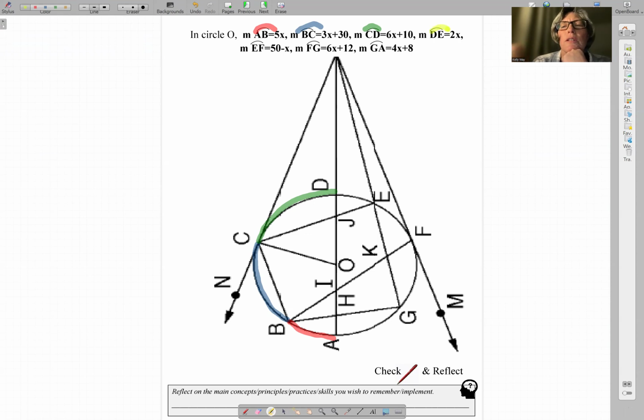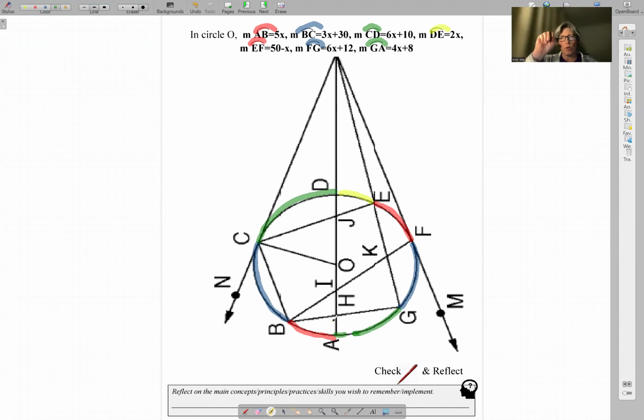DE is 2x. EF is going to be 50 minus x. FG is 6x plus 12. And then GA is going to be 4x plus 8.